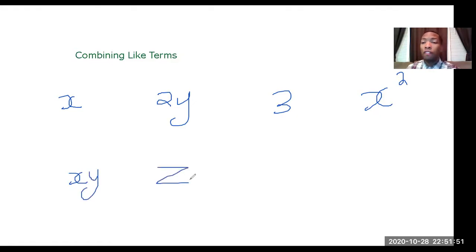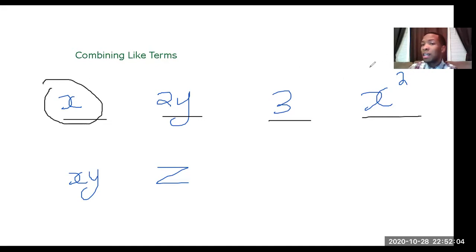That's a term. If I look at all these different terms, I realize that none of them look alike. This one has an x, but this one is an x squared. Those are different. This one has an x, but this one has an xy. Those are different. So those are not like terms.